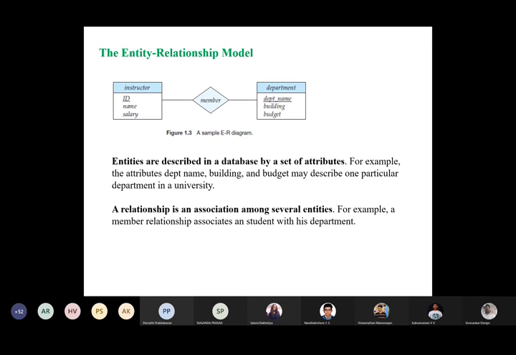So here there exists a 1 to n relationship between the department and instructor, right? We have one department, and n number of instructors associated with the department. So there exists a 1 to n relationship between the department and the instructor, right?